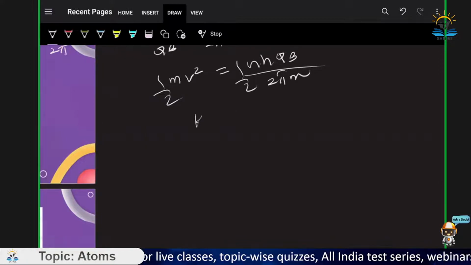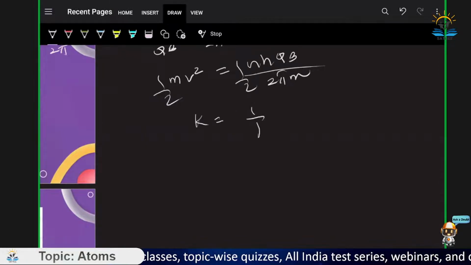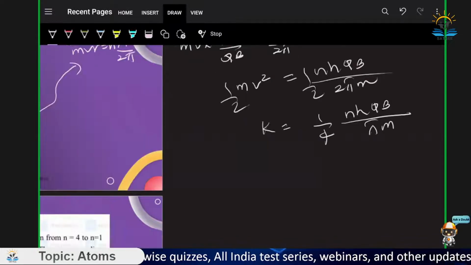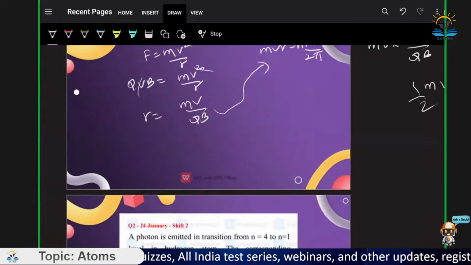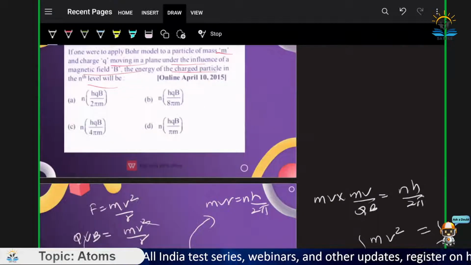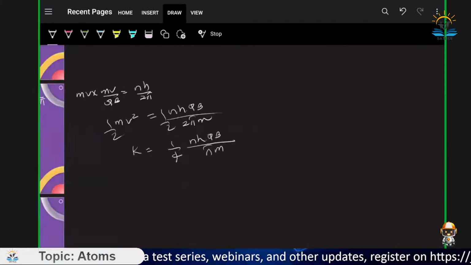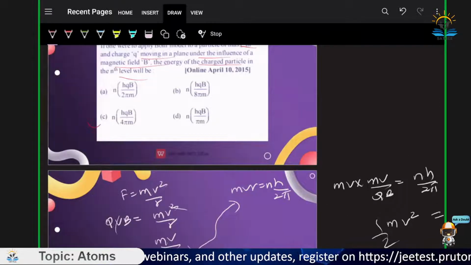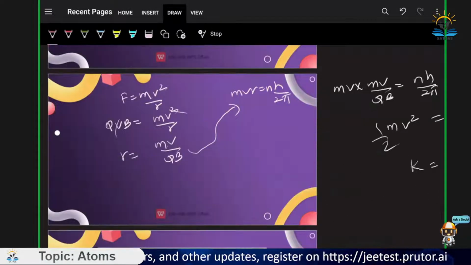Kinetic energy K equal to 1 by 4 nhQB by pi M. So energy will be 1 by 4 nhQB by pi M. Which option? Option C is the correct option. Okay, moving to the next question.